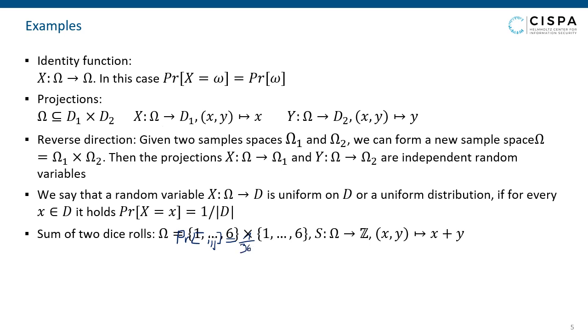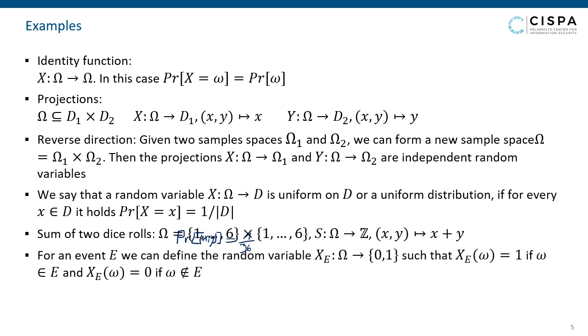Then we can define a random variable S by just being the projection from (x, y) to x plus y. I should maybe call these two also x and y to stay with this notation, and this random variable actually models the sum of two fair dice rolls.